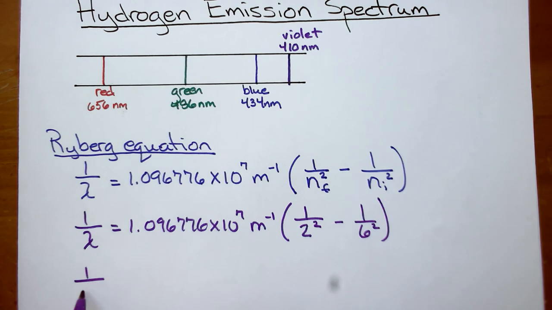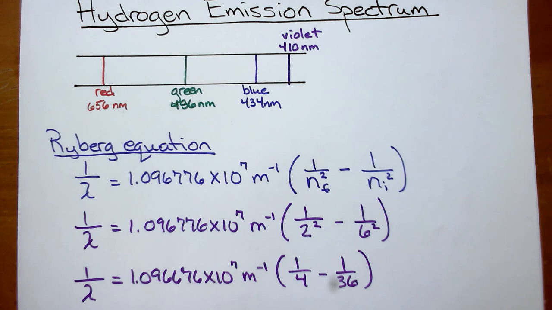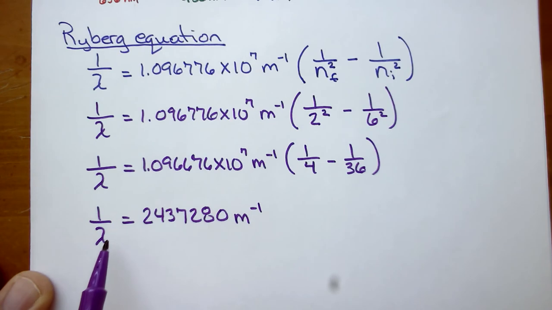So that's 1 over lambda equals 1.096776 times 10 to the 7th inverse meters, times 1/4 minus 1/36. And when I put these numbers in my calculator, I get 1 over lambda is equal to 2.43728 times 10 to the 6th inverse meters. But remember, we're looking for lambda here, and so I need to take the inverse of that.